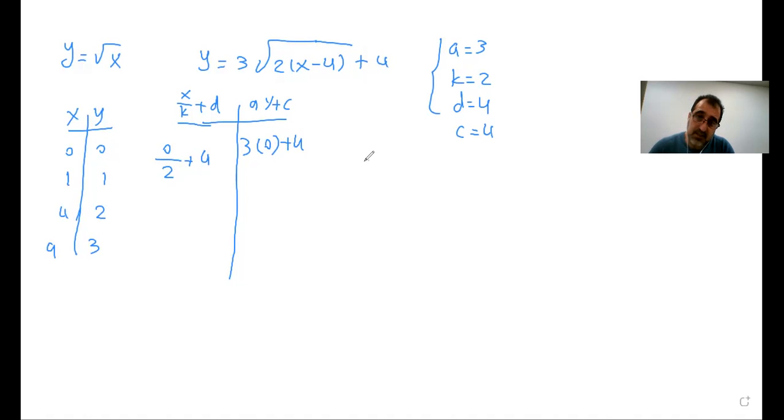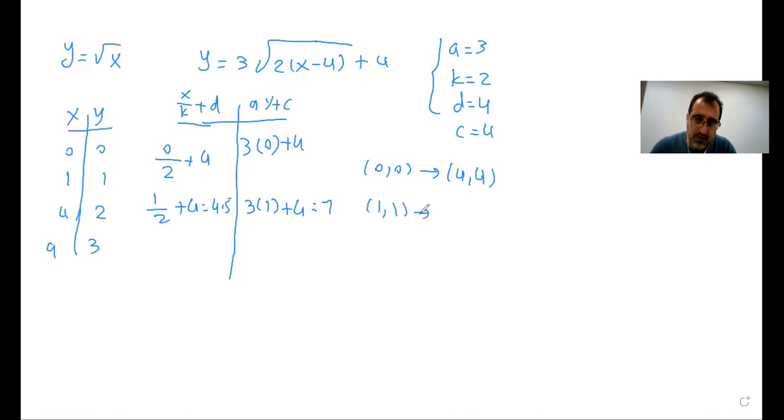Then summarize here: 0, 0 changes to what? 0 over 2 is 0, then 4, and 4. We figure out one point. Second point, 1 over 2 plus 4, say 4.5. Here, 3 times 1 plus 4, say 7.